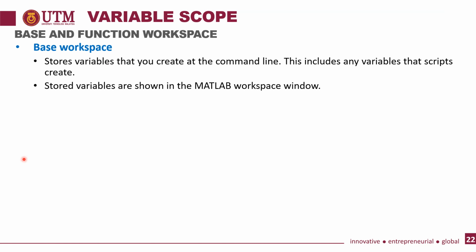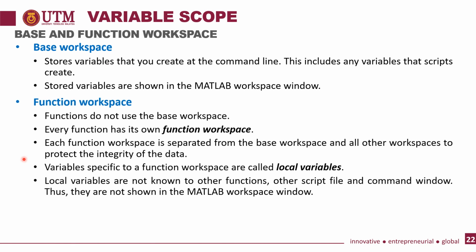But what is the function workspace? Functions do not use the base workspace, because every function has its own function workspace. In a function you cannot see directly, like the base workspace, where the data is stored or what kind of data is stored.